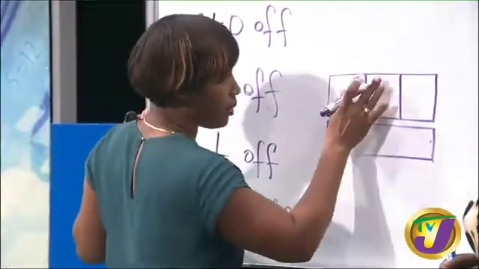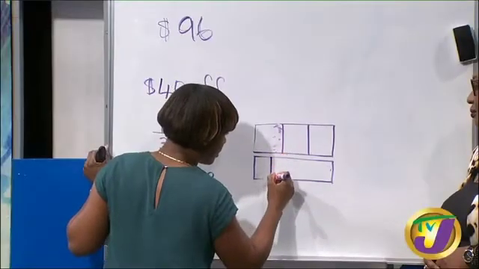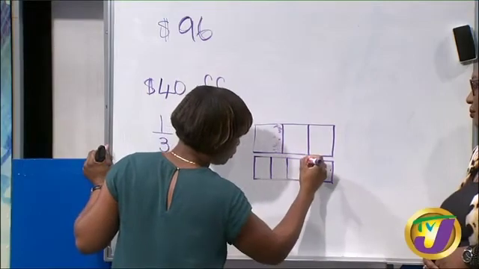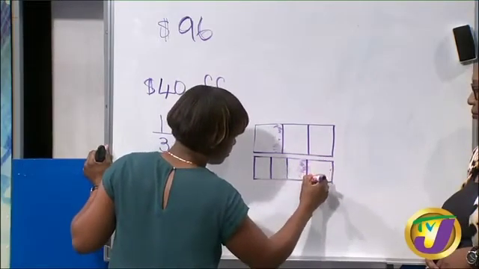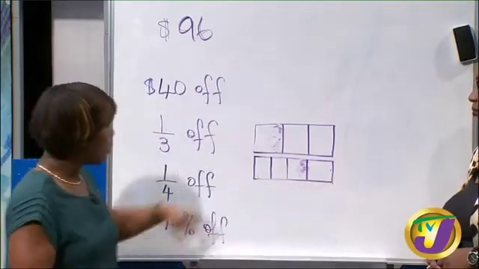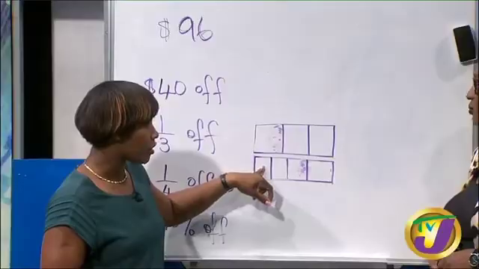Okay. So remember now it's the $96. I could work it out, but let's look at it pictorially first. You kind of get what I'm saying. So my 1/3 seemed to be larger than my 1/4. So that means my 1/3 would give me a greater value off.